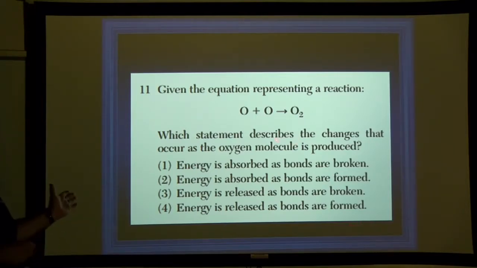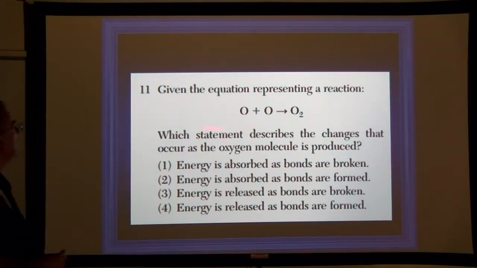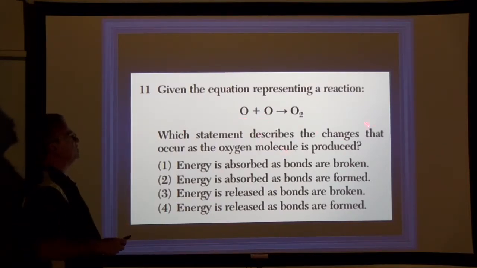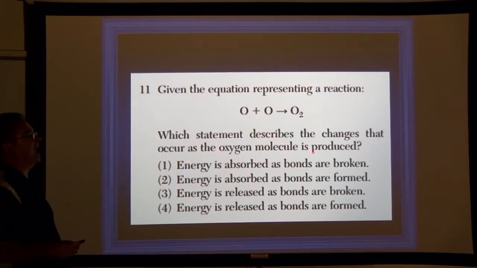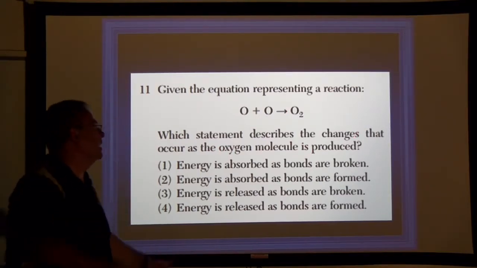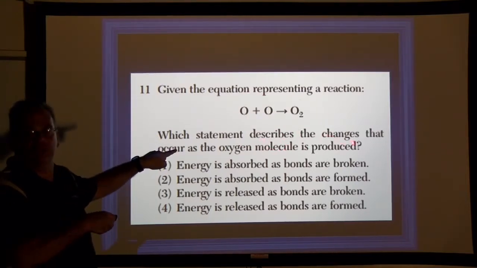There's a problem here. This is an oxygen atom, and this is an oxygen atom. They're not stable right now. So what are they going to do? They want to know, given this equation, which statement describes the changes that are going to occur as the oxygen molecule is produced? Again, this is not stable. This is more stable.